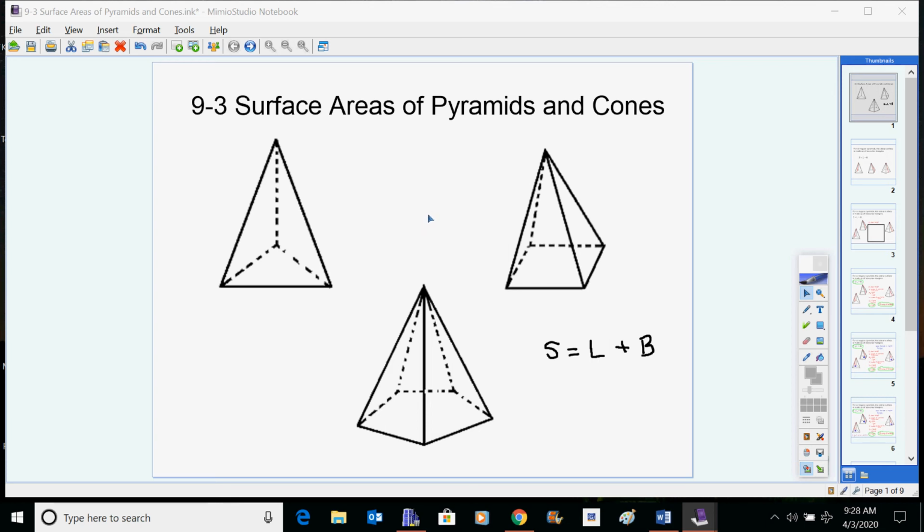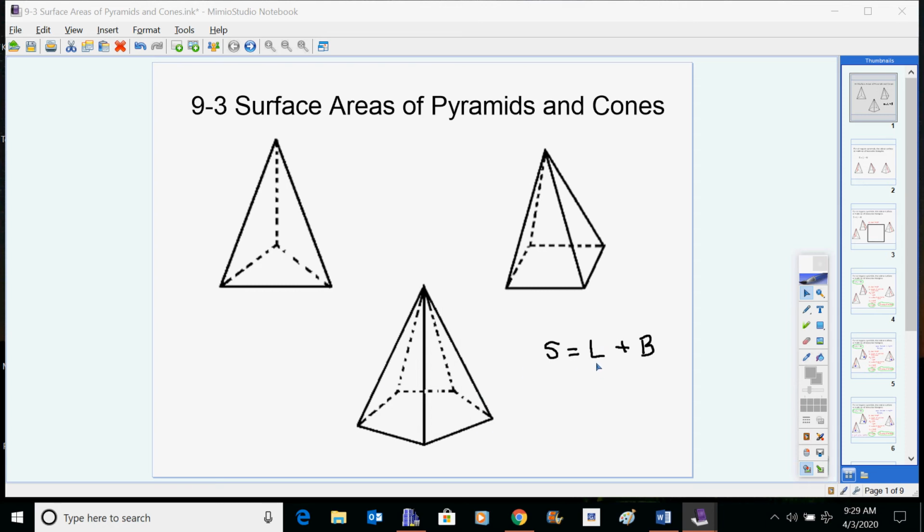Now, yesterday we talked about surface areas of prisms and cylinders, and it was the amount of square units it takes to cover them over. So with pyramids and cones, it's how many square inches it would take to cover these surfaces.